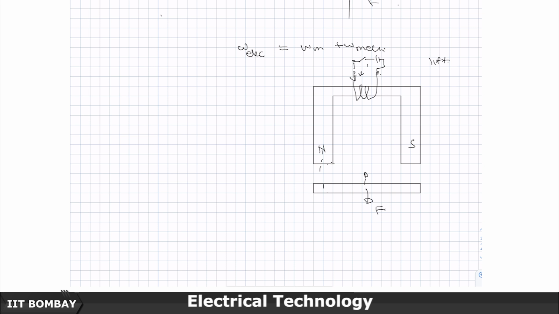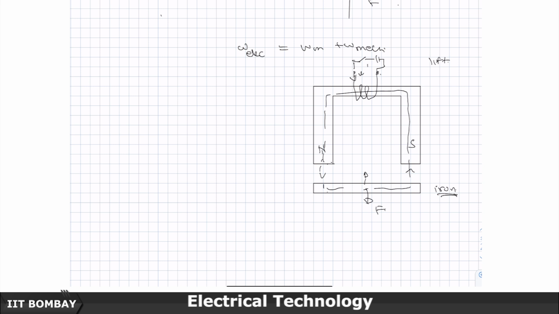This will be connected through some DC supply or something like that. That is going to create a magnetic field in the air gap. For the time being, I am neglecting fringing and leakage and other effects as a first approximation. Of course, this is considered to be a ferromagnetic structure made up of iron, otherwise I cannot use a magnet to lift it up.